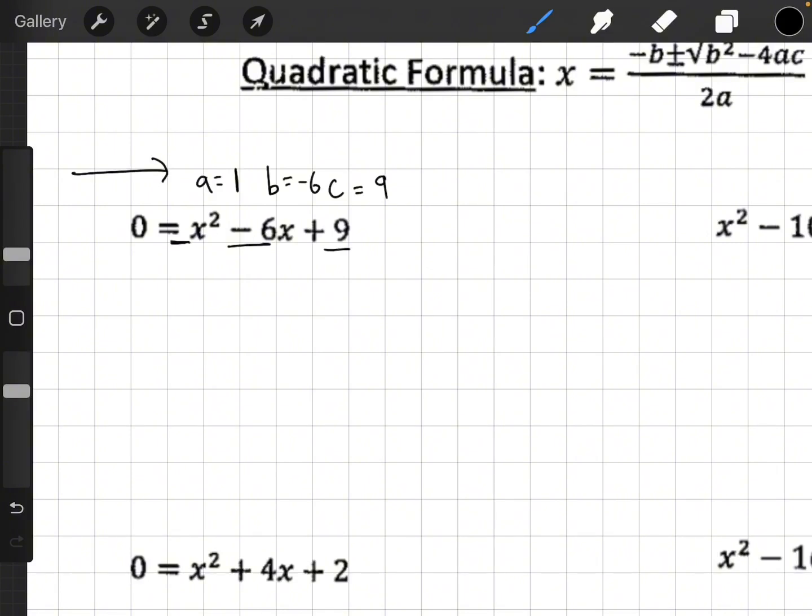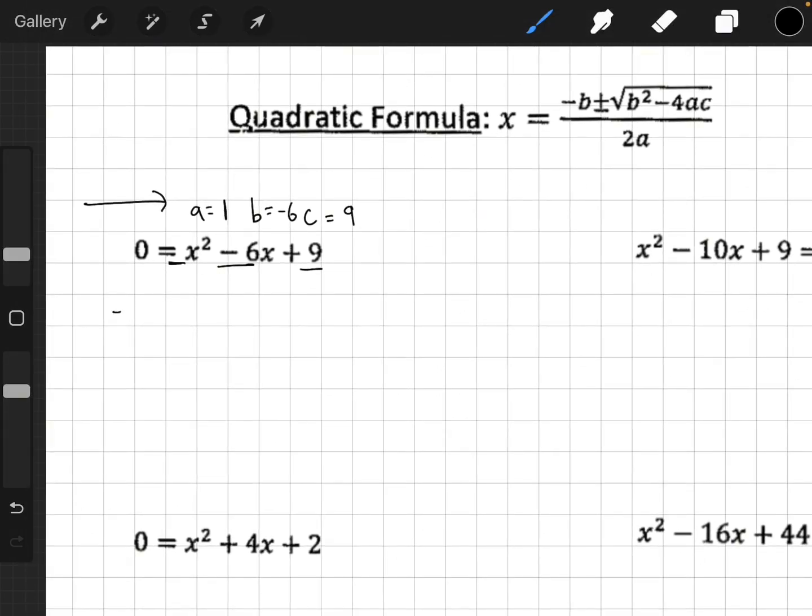So now we can put those in place of the formula. So you have negative b, which is negative 6, plus or minus the square root of b squared, negative 6 squared, minus 4 times a times c.